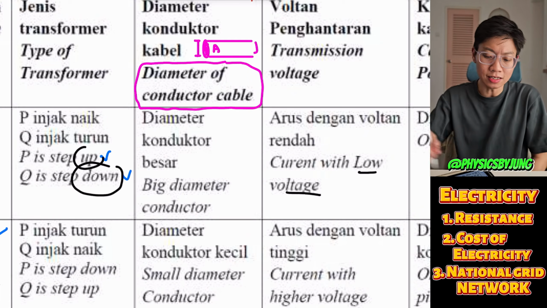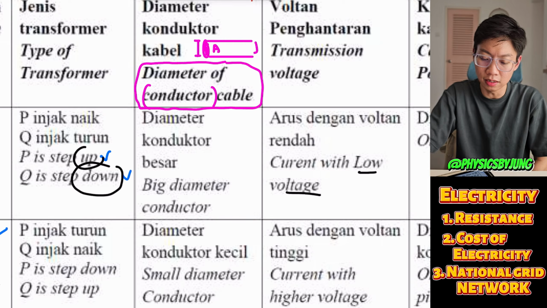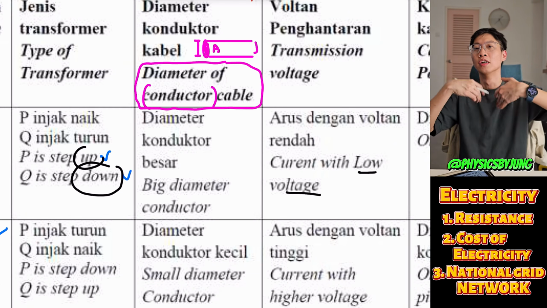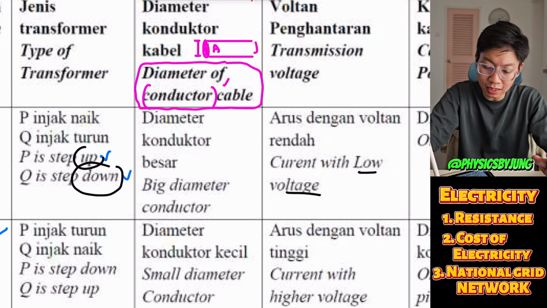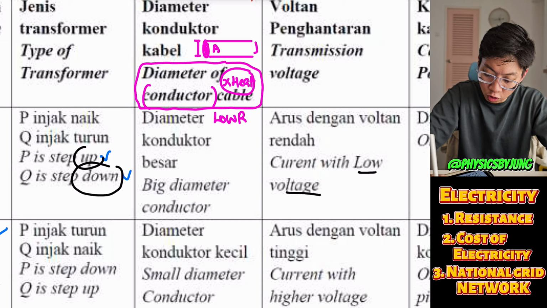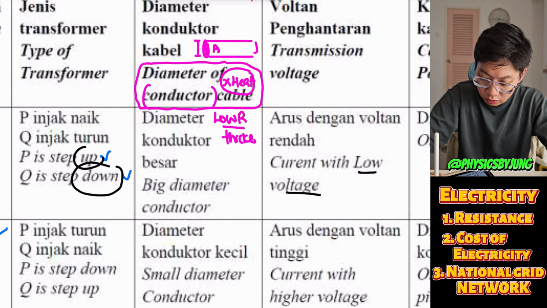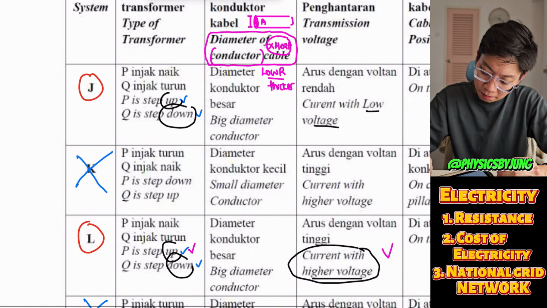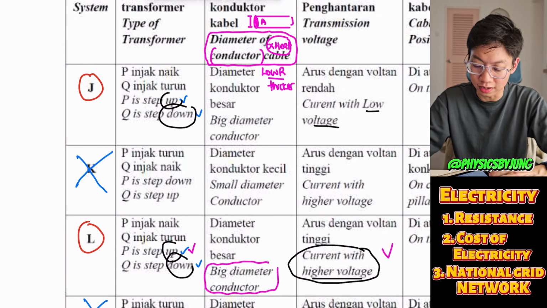The answer is no, because the purpose of your conductor is just to send electric current, not to produce heat. So your conductor doesn't want heat. So if we don't want heat, we are looking for low resistance, meaning thicker wires. So I want a bigger diameter of conductor.